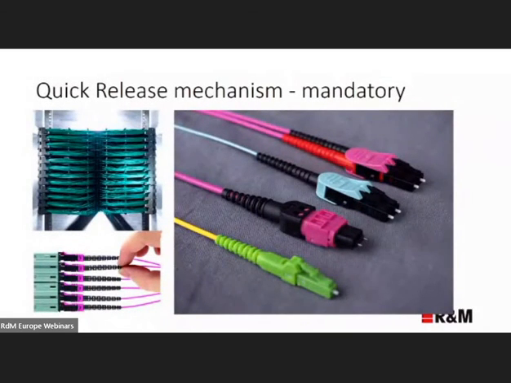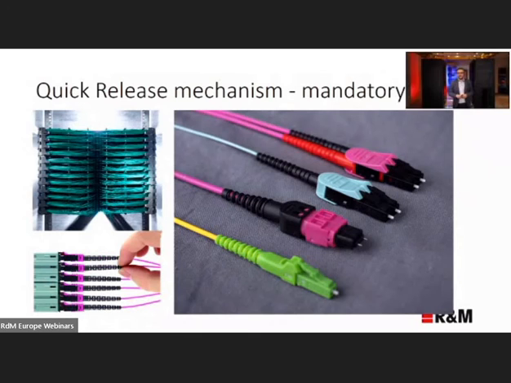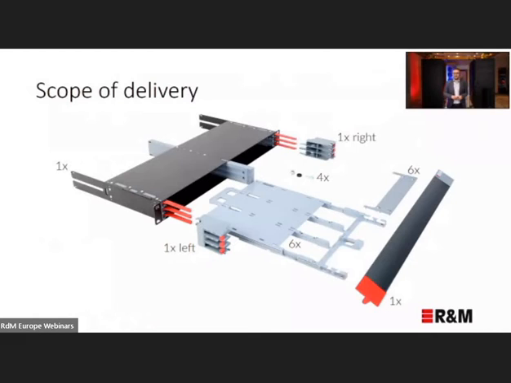Like it was in Netscale 120, the portfolio of QR patch cords has been extended to LC duplex with figure 8 cable, LC simplex and MPO, but with Netscale 72, even standard patch cords can be used.